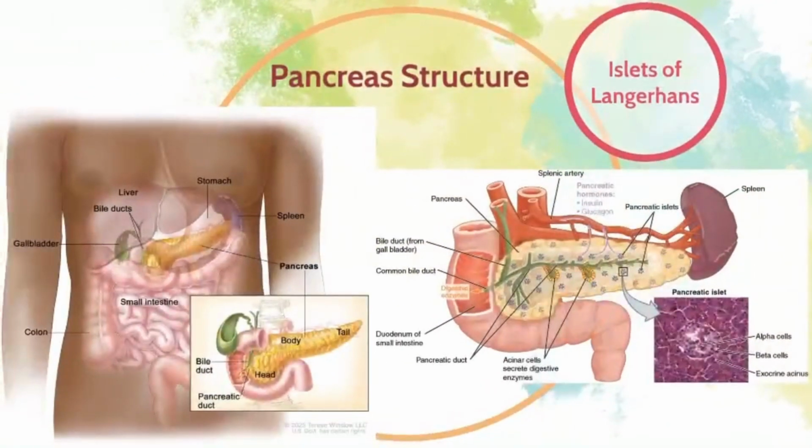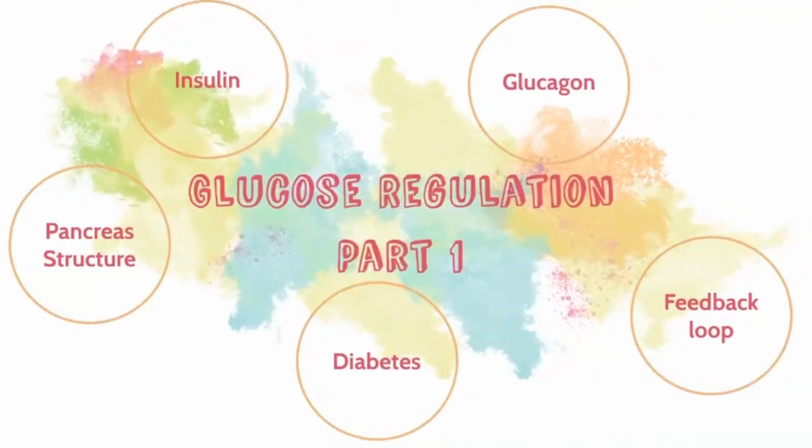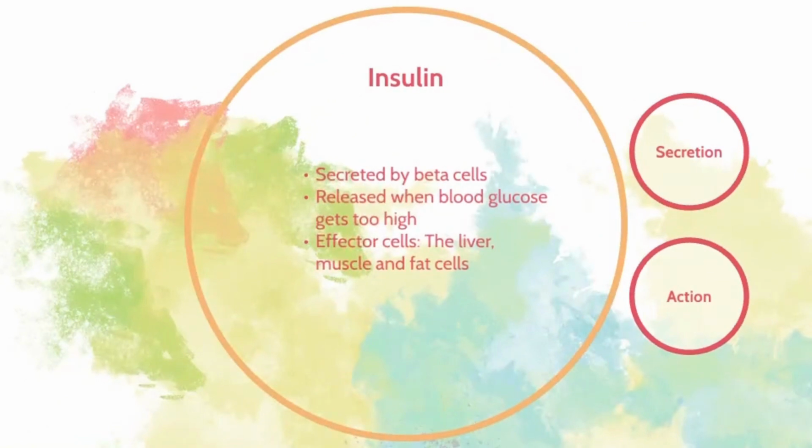Okay, so now that we've gone over the basic structure of the pancreas, let's go in to talk about the two main hormones that it releases, insulin and glucagon. We're first going to start off with insulin. The effector cells that the insulin works on are the liver, muscles and fat cells.